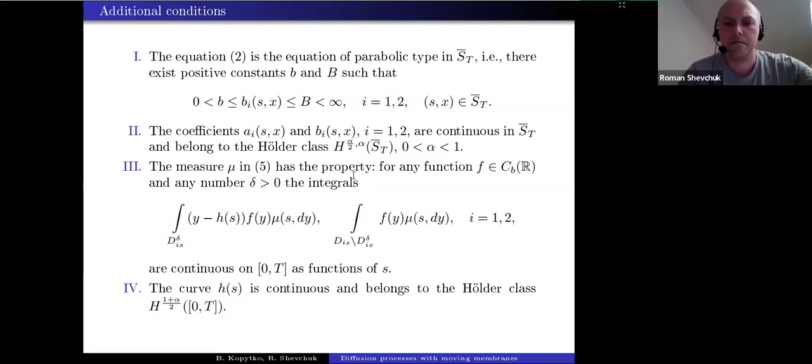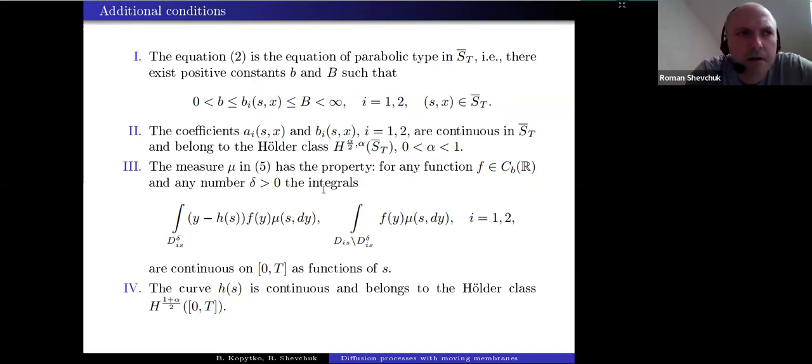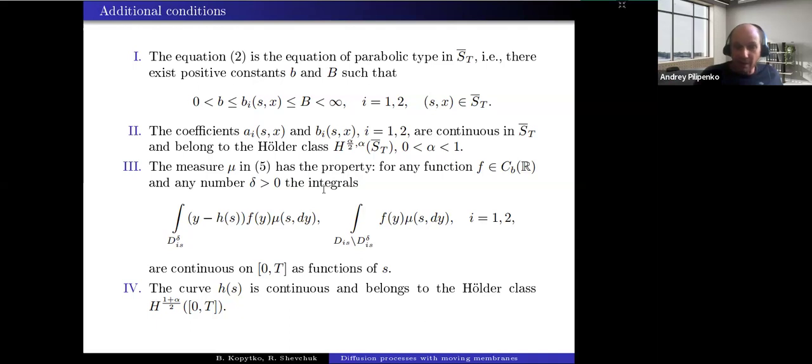I understand. Thank you for the example, for the idea. Then you can approximate mu by finite measures. For example, if you prove continuity, and I believe that if mu is finite, then you can describe this process like this. When mu is finite, I think the process can be constructed in the following way.